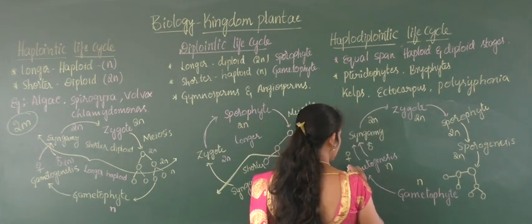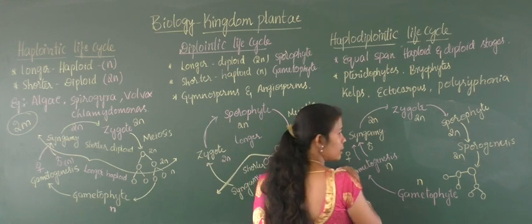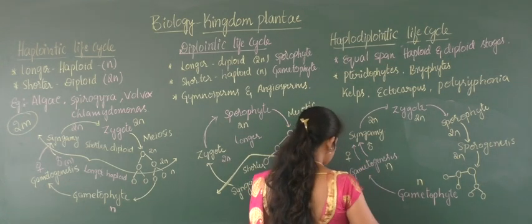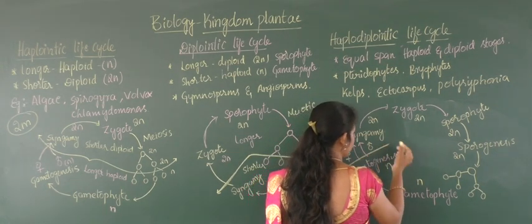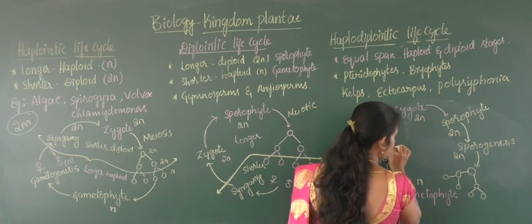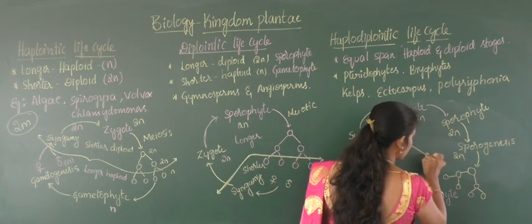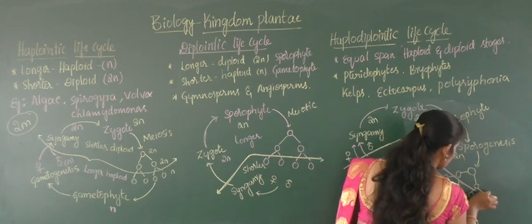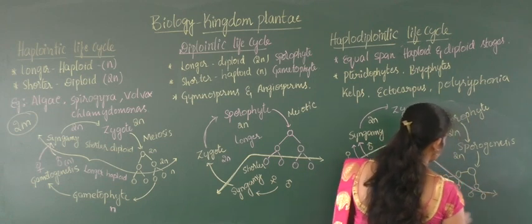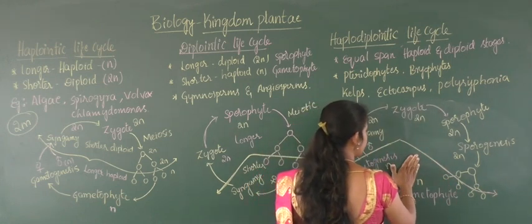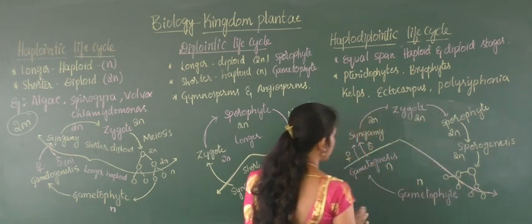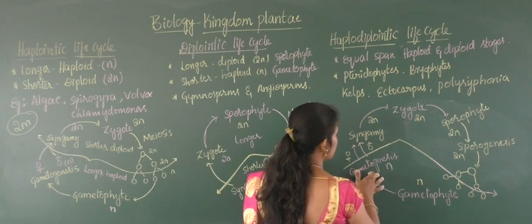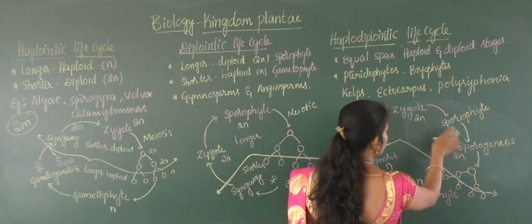So while showing the division of the shorter and the longer period, it will be of this structure. This is half N and this is half 2N. N condition, and later 2N and 2N condition.